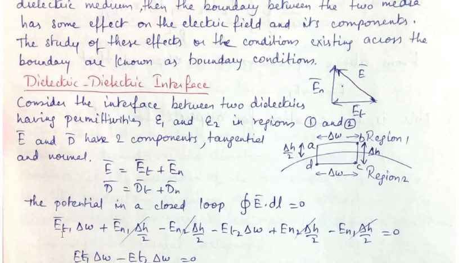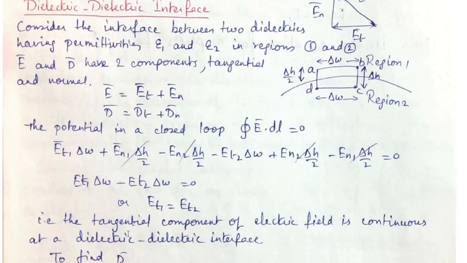So we'll write it as ET1 into the distance between A to B, delta W. Then between B to the boundary, that is the normal component of electric field. As it is region 1, we'll denote this as EN1. And the distance from B to the boundary is half of the delta H, that is delta H by 2. As this field is entering the boundary, we have to consider it as plus.